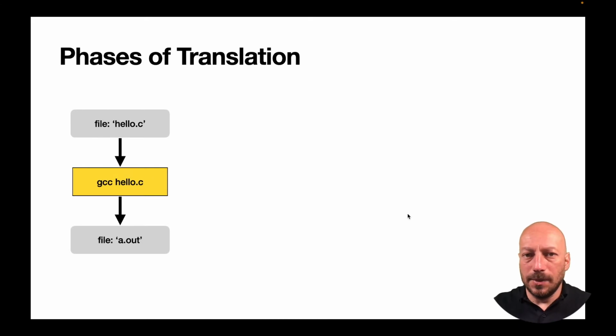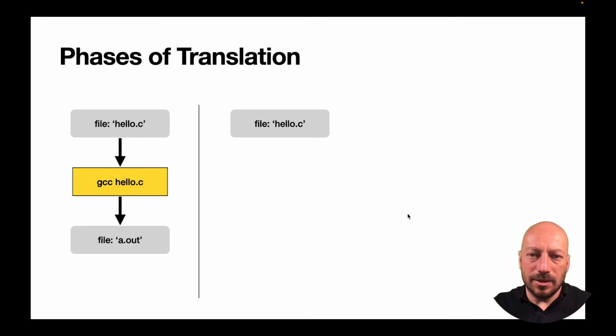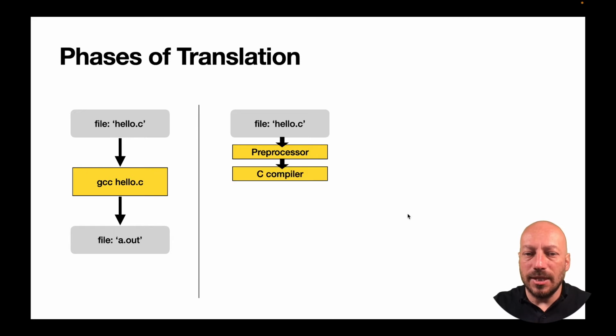But this executable is not generated by one single tool. Actually, this GCC is just a wrapper for a bunch of tools, and I will show you how this C source file gets first processed by the so-called C preprocessor, and the result of this preprocessor then goes through the actual C compiler, and the result of the C compiler will be some assembly code which then runs through the assembler.